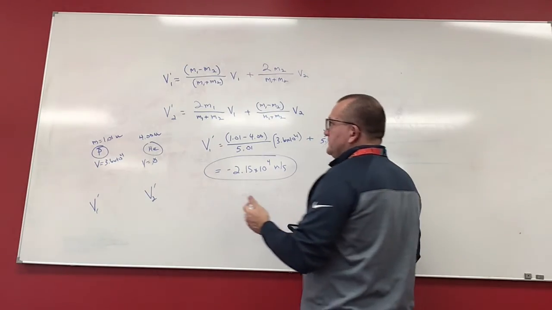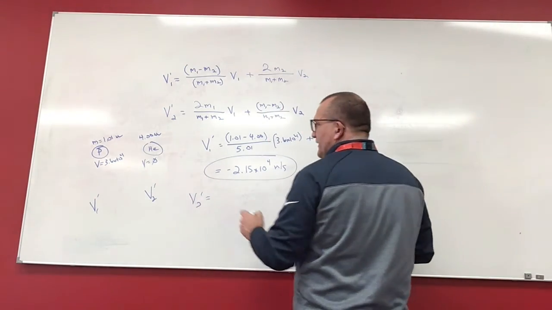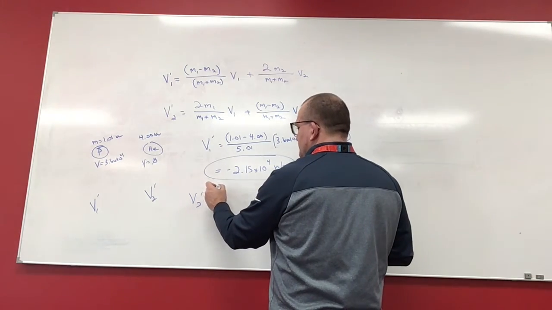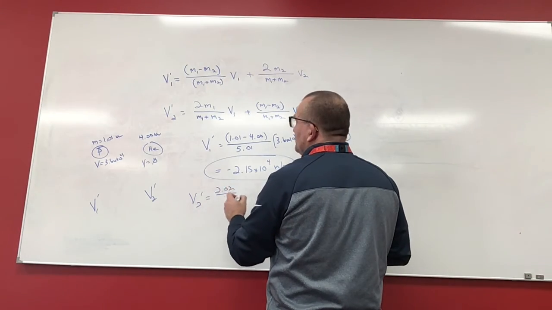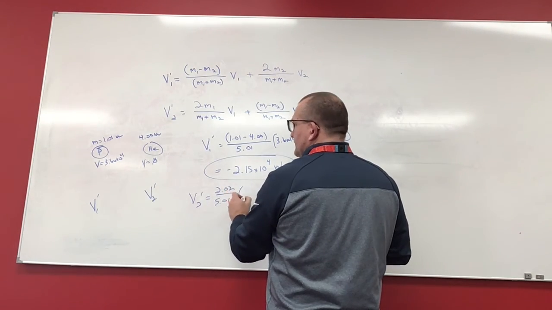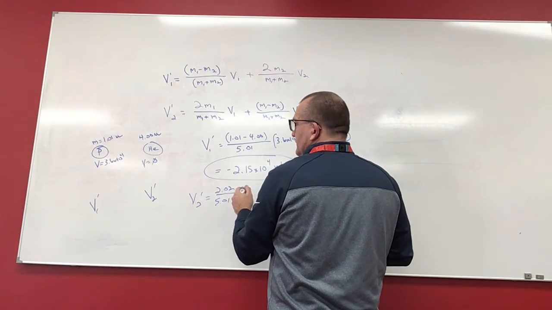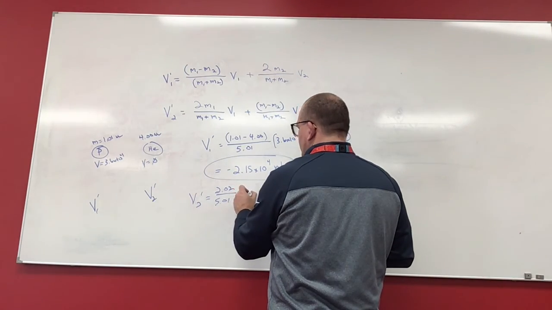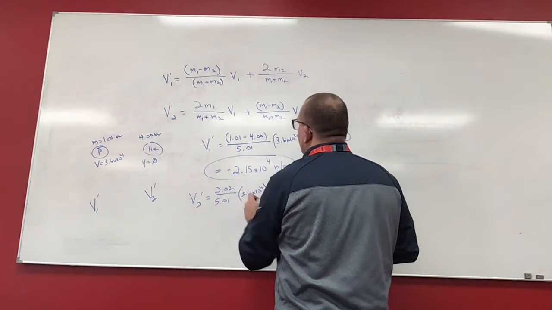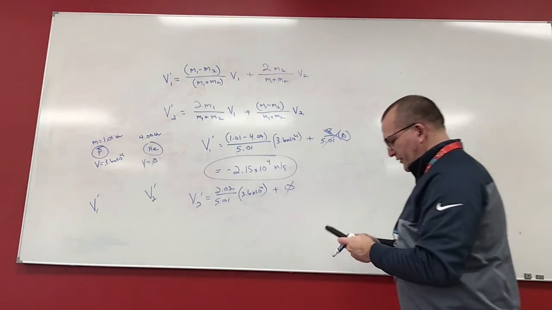Now for the final velocity of the helium atom. V2 prime is 2 times m1, so 2.02, over the two added together, 5.01, times the velocity of the proton, times 10 to the 4th, plus, and since V2 is 0 as before, it's going to be plus 0.